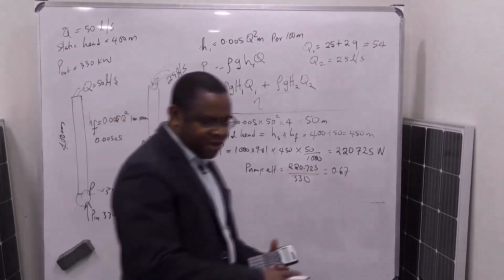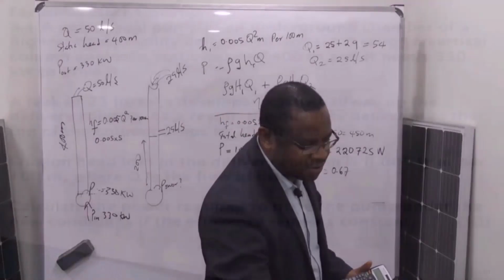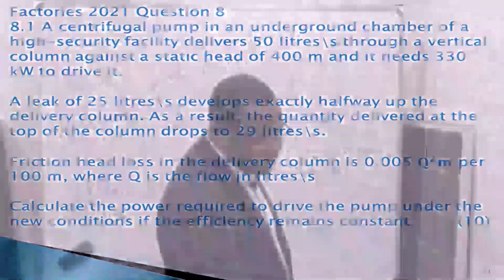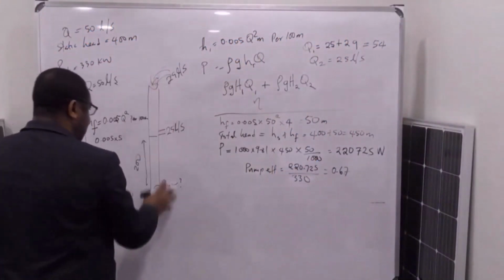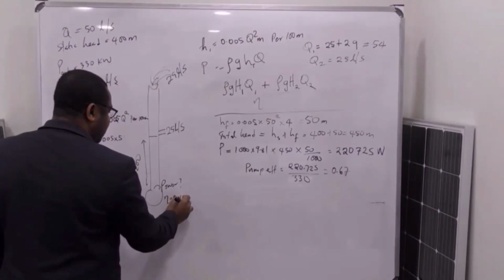Now the question says, calculate the power required to drive the pump under the new condition if efficiency remains the same. Okay, this is our new condition. Efficiency still remains 0.67.